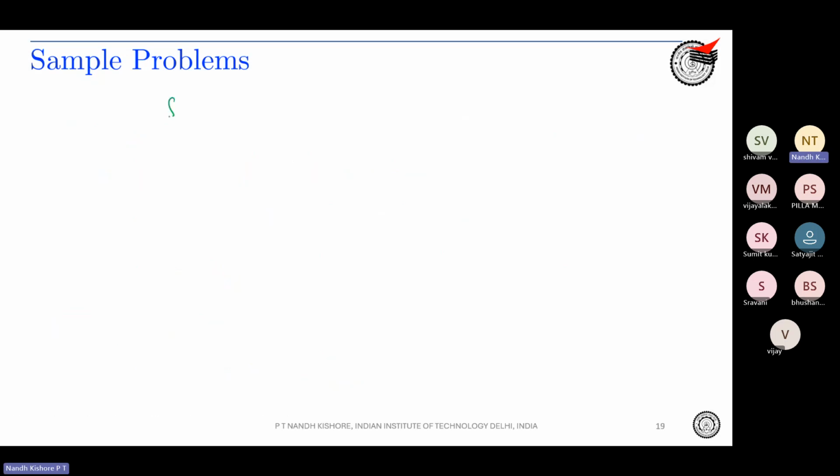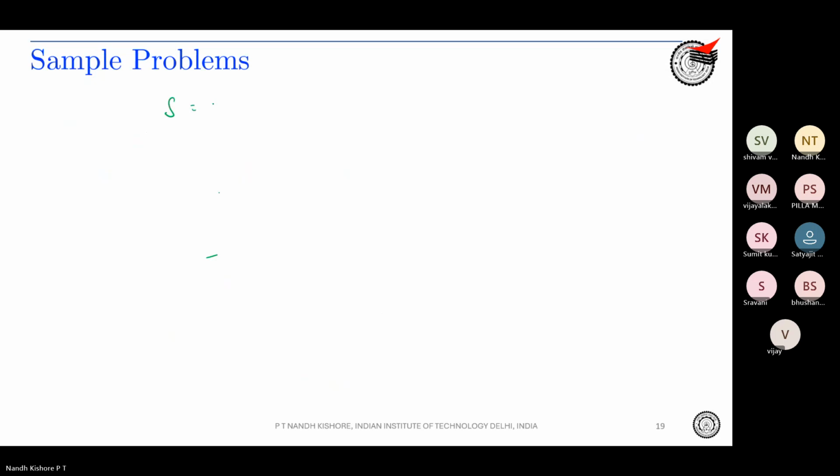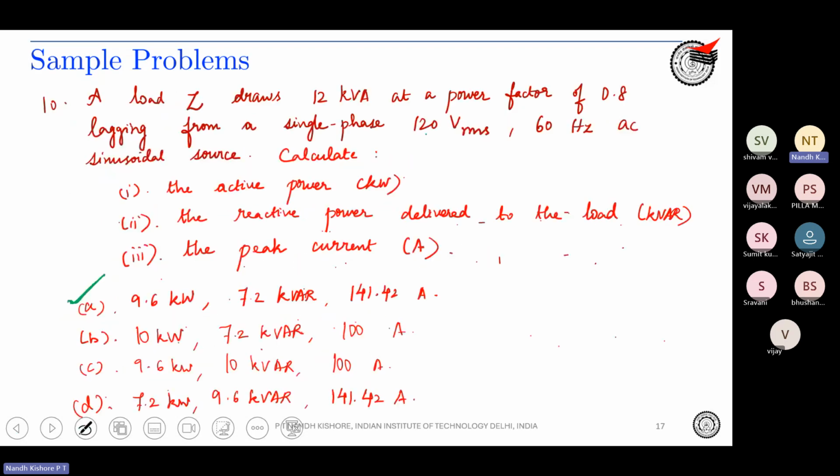Now the point is apparent power can be written as V into I. So 12 kVA is equal to what? The voltage is given as 120 volts RMS.